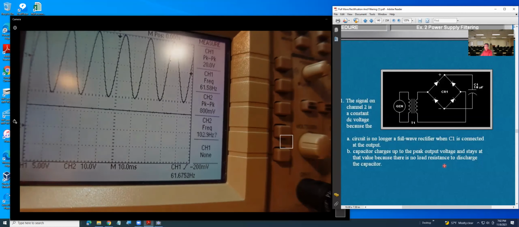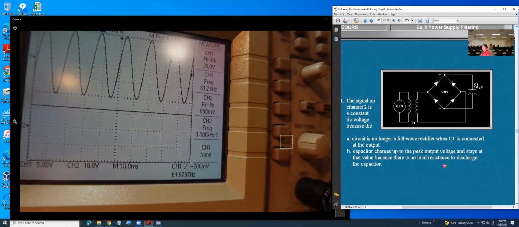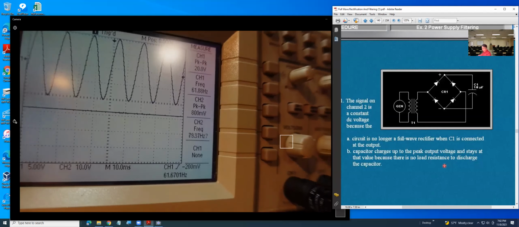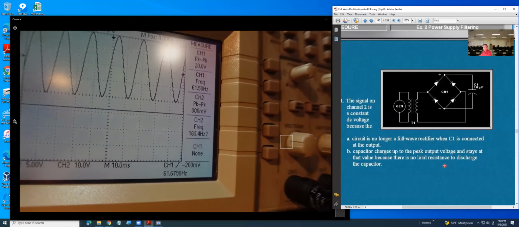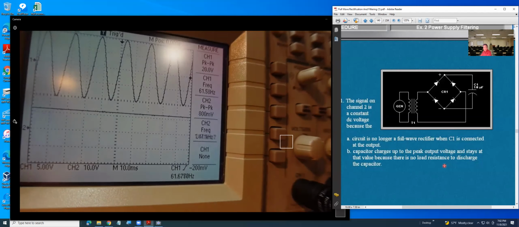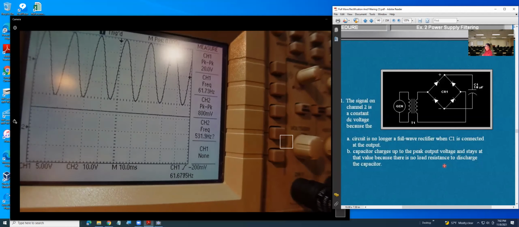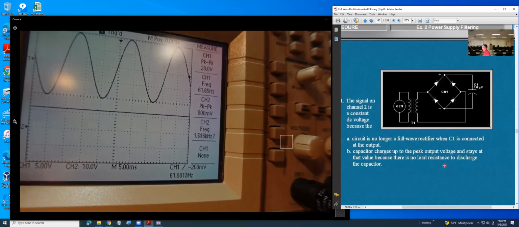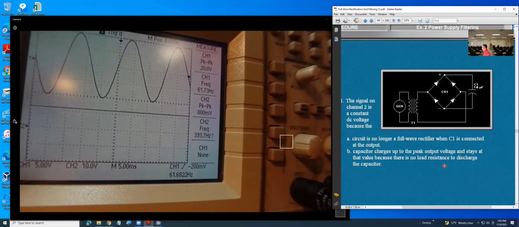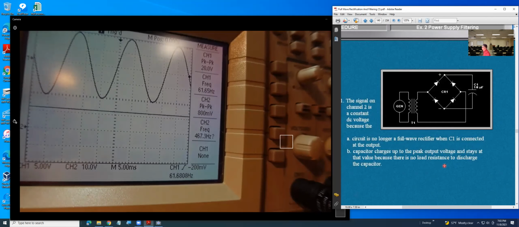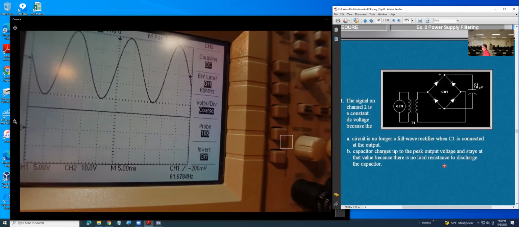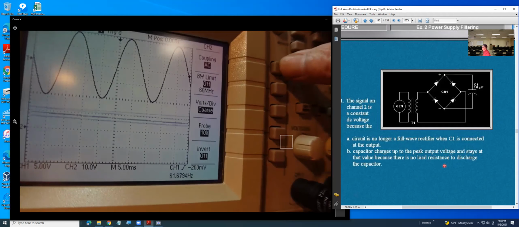Okay, so look, if you're looking at the oscilloscope, between channel 1 and channel 2. Okay, channel 2 right now, we're using DC coupling. I can switch to AC coupling.